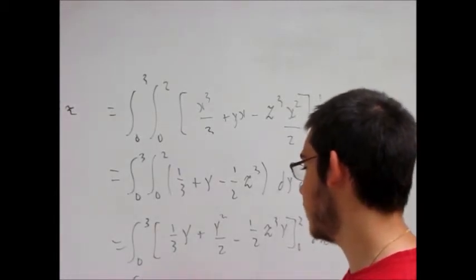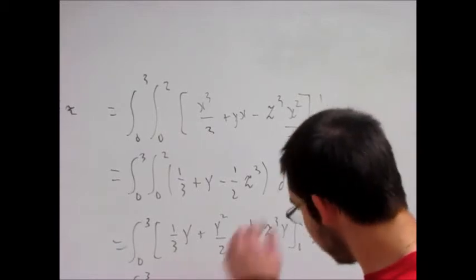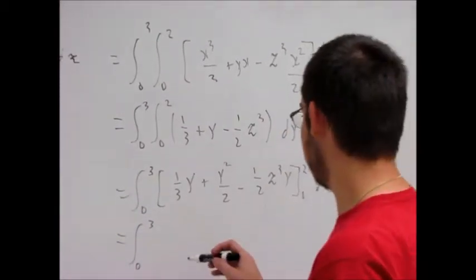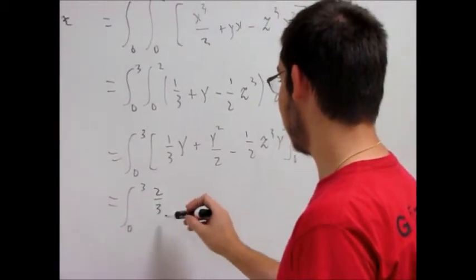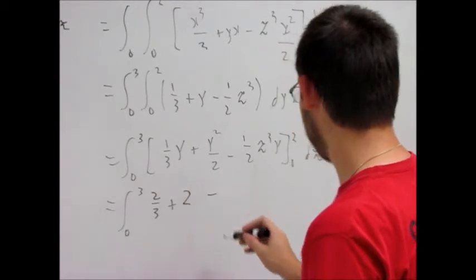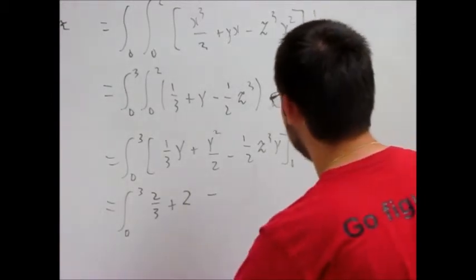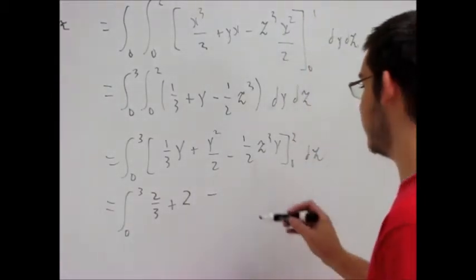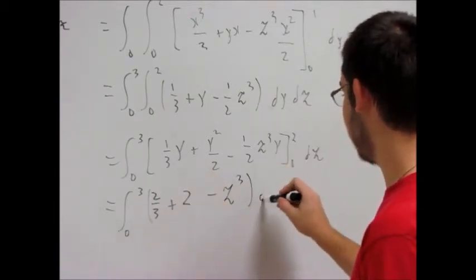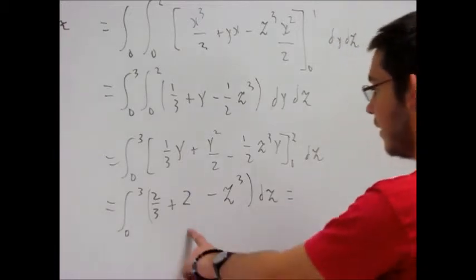So that's, we go from 0 to 3. That's this 2/3 plus 2 minus z cubed dz.